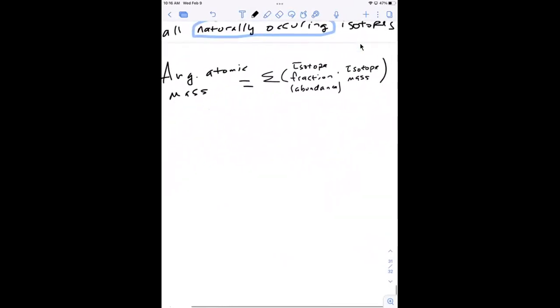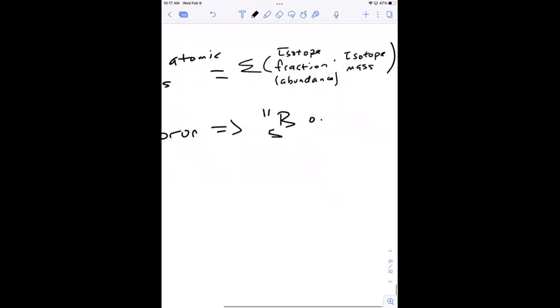So let's take boron. We just talked about boron and said that it can be B11. And let me get, I think it's 5. Let me go back and make sure. Yes, 5. So B11 or B10.